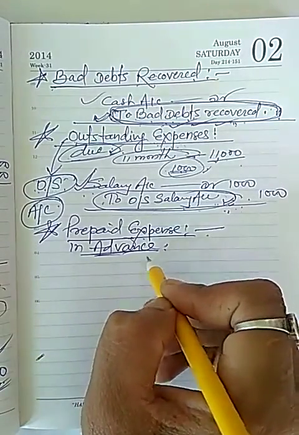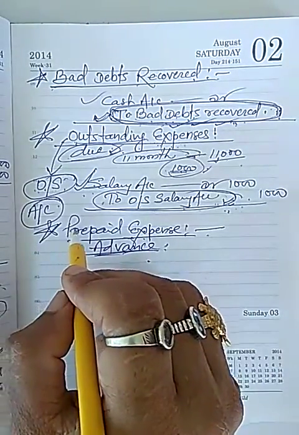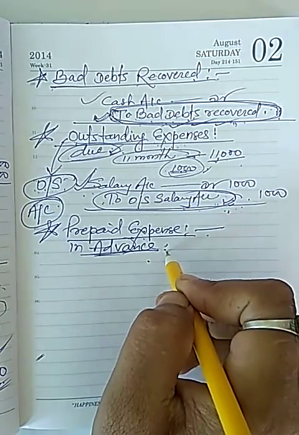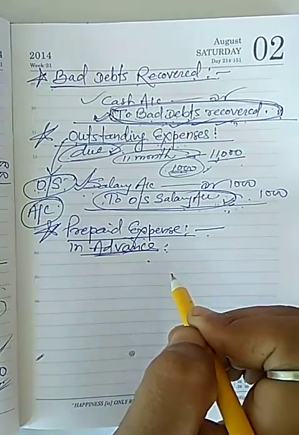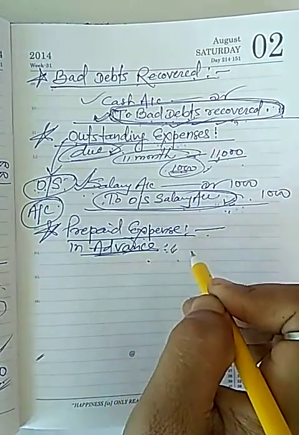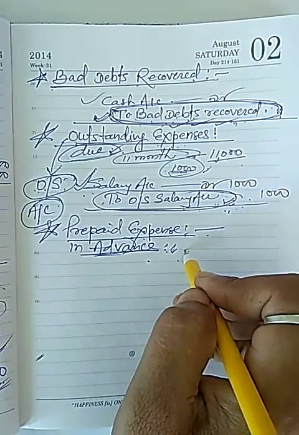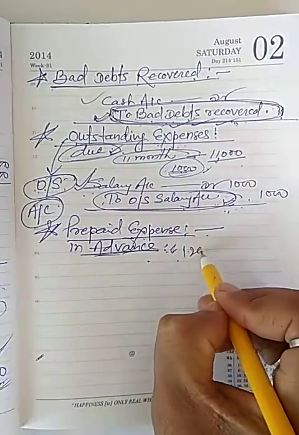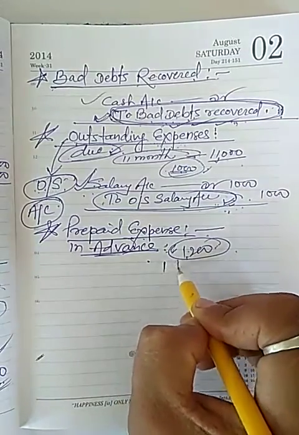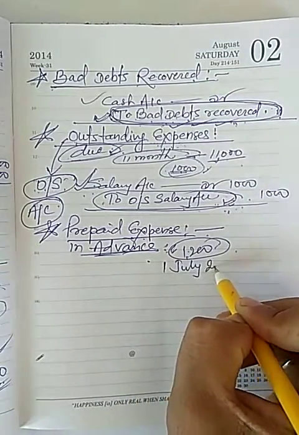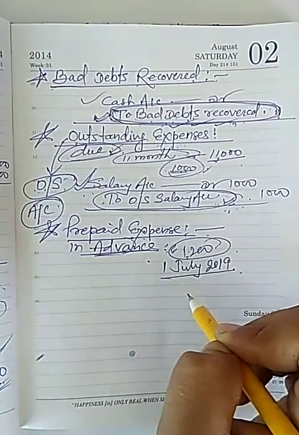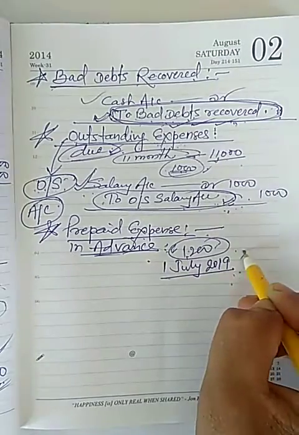These are called prepaid expenses. The benefit of such expenses will be received during the next accounting year. For example, insurance premium amounting to 1,200 is paid on 1st July 2019 for 1 year.